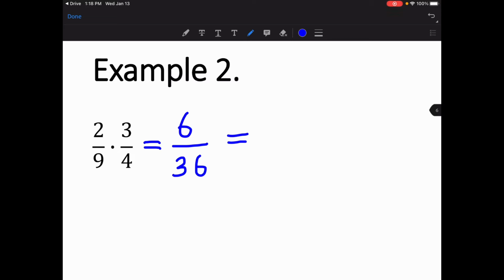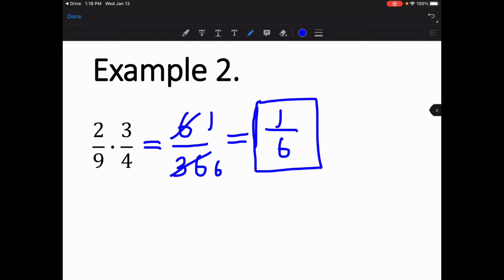In this case, yes, I can divide both of them by 6. 6 divided by 6 is 1, and then 36 divided by 6 is 6. Therefore, my answer for this is 1 over 6. If we can still simplify it, then we need to simplify that. So that is one way to do that.